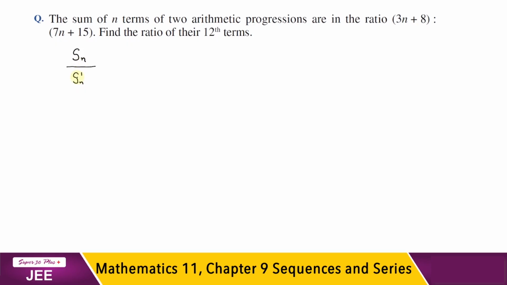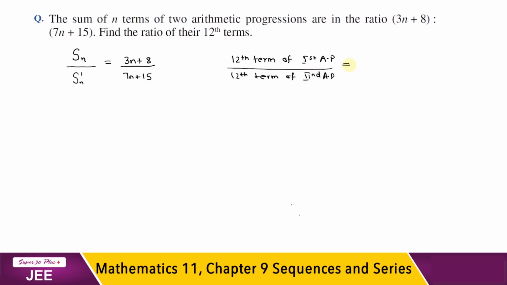The ratio of these two is given to be equal to 3n plus 8 divided by 7n plus 15. Alright, and then we have been asked about the ratio of their 12th terms. So ratio of 12th terms, which means 12th term of first AP divided by 12th term of second AP.